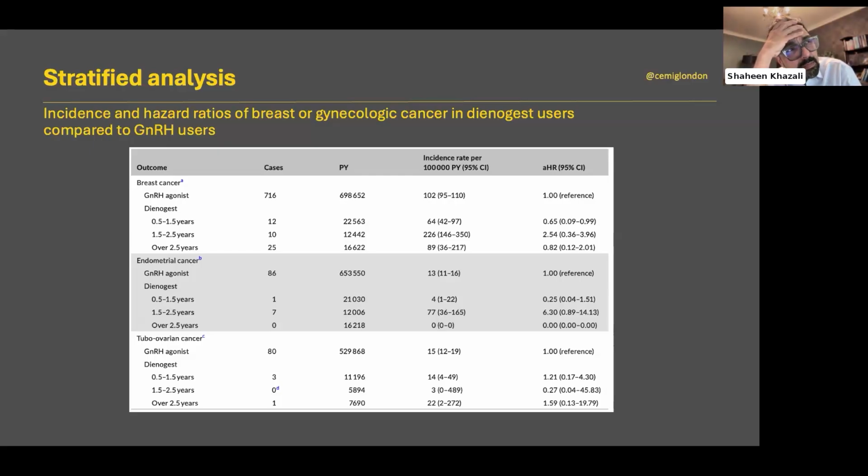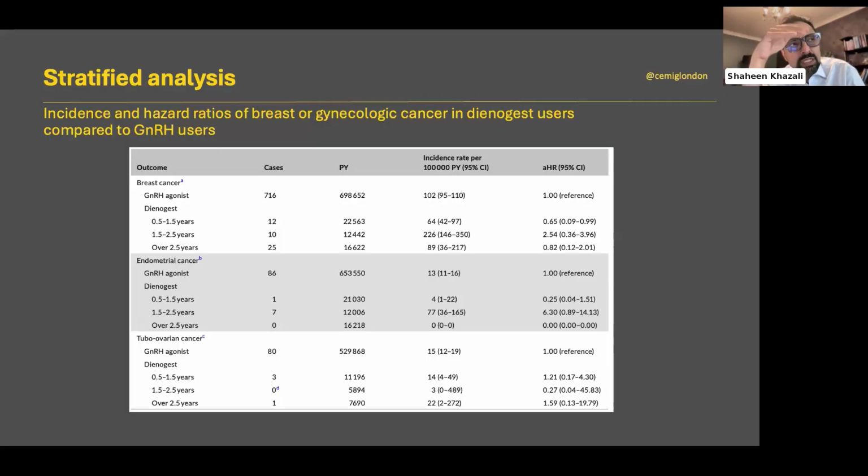So just let's think about this for a second. Maybe I'm not understanding it. So they are comparing Dianogest with GnRH agonists. Correct. Now, GnRH agonists are supposed to reduce the risk of cancer, is that not right? Yeah, obviously, because of estrogen, so estrogen receptor positive breast cancers.